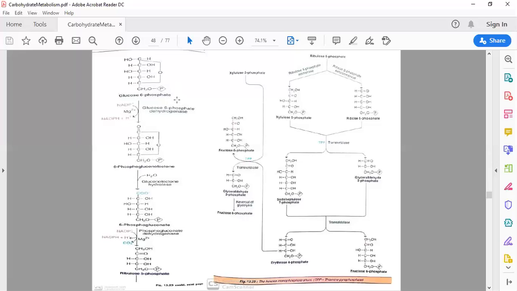Now next is the non-oxidative phase. In the oxidative phase, at the end it forms ribulose 5-phosphate. Now in the non-oxidative phase, the reactions are concerned with the interconversion of 3, 4, 5 and 7 carbon monosaccharides.